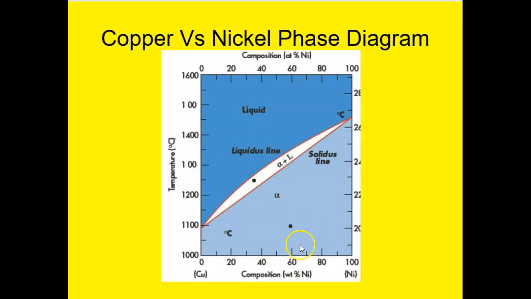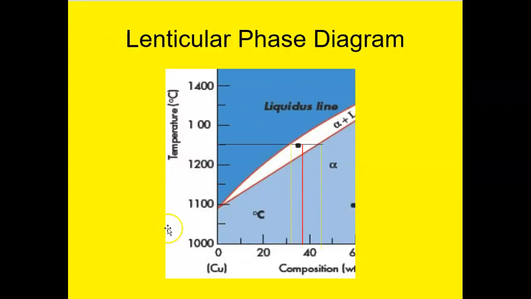Now there is only one phase, which they call the alpha phase. The alpha is a mixture of copper and nickel. Now if we want to find out, here in the middle it's alpha plus liquid, because there will be liquid and alpha.